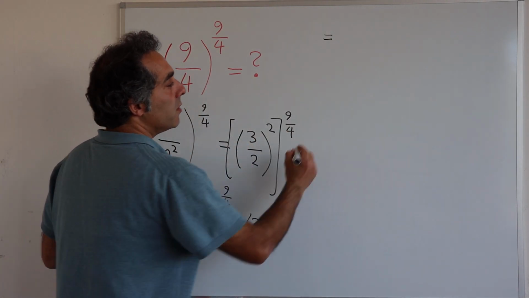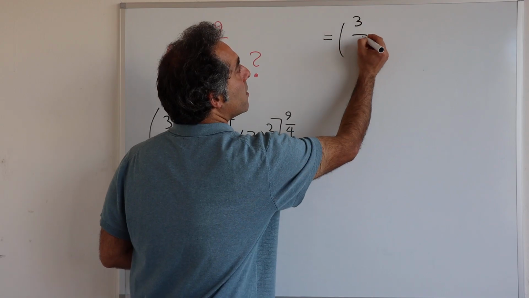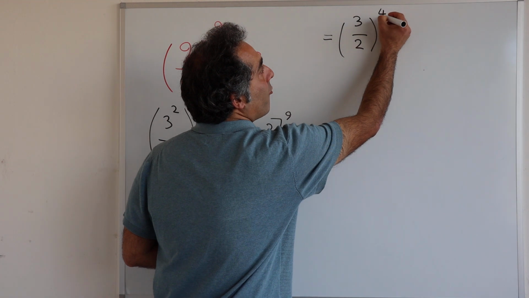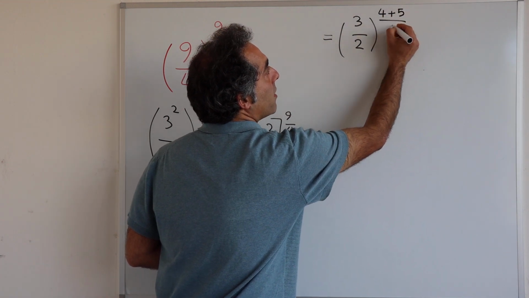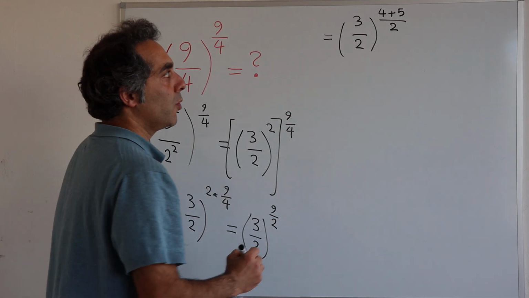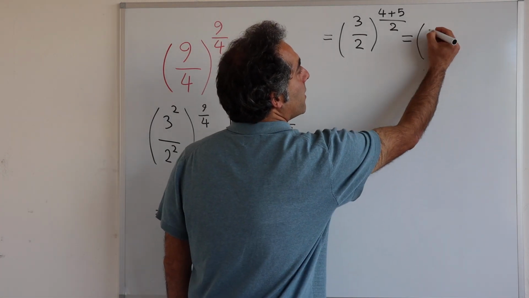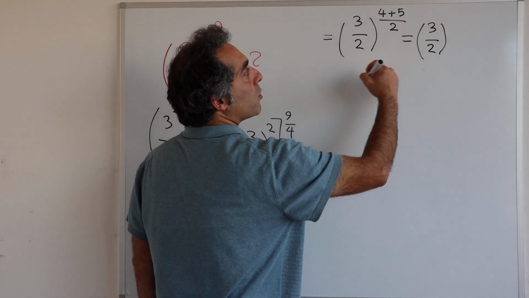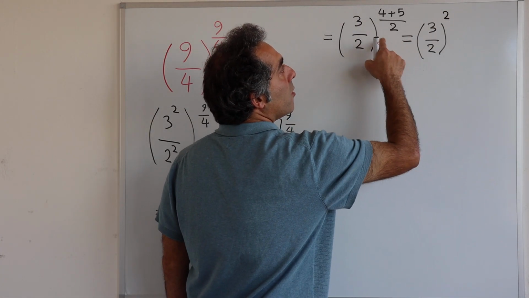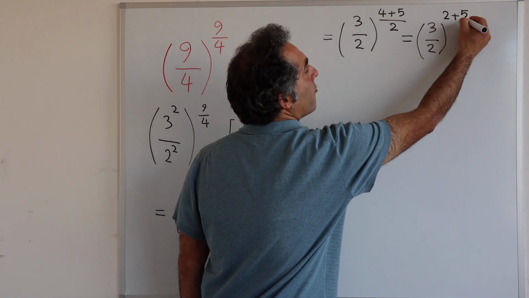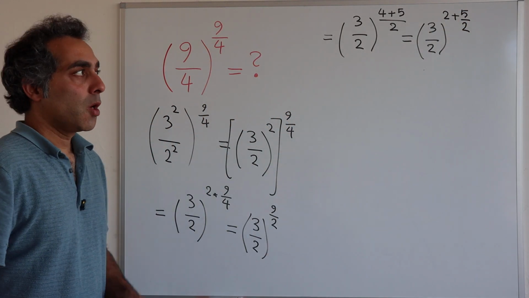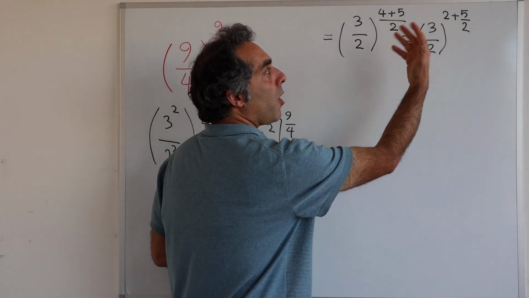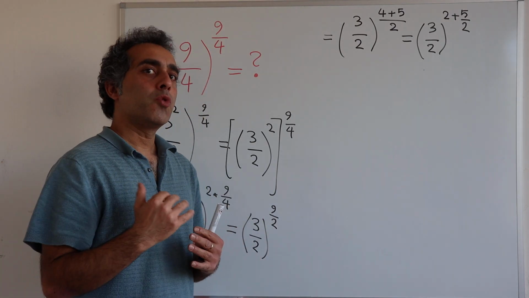So it equals 3 over 2, and I can write 9 as 4 plus 5 over 2, which is 3 over 2 to the power of 4 over 2, that is 2, plus 5 over 2.